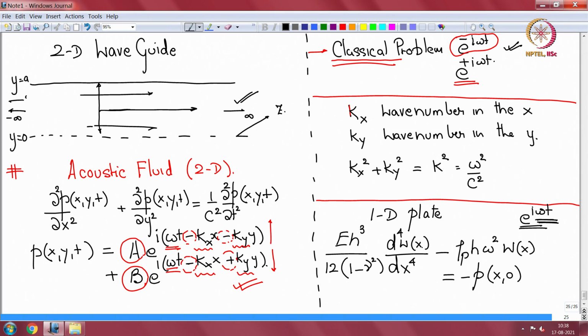The z dependence has been removed because it's the way we have posed it, and so the displacement w of the bottom boundary is a sole function of x. So this is the equation, and now there is a pressure that is applied on it from the fluid. Okay, so there is a pressure acting on the plate, bottom plate, due to the acoustic fluid. That's this term here.